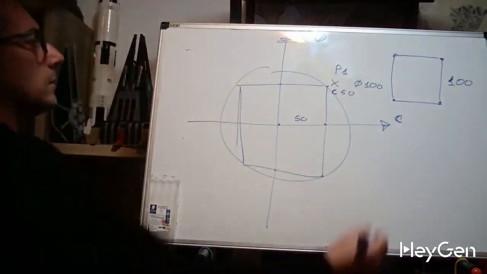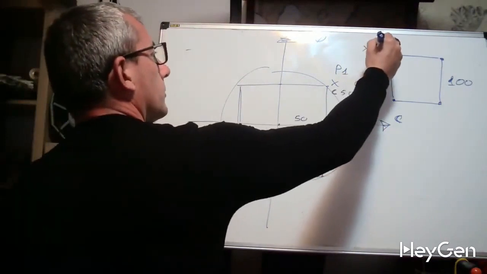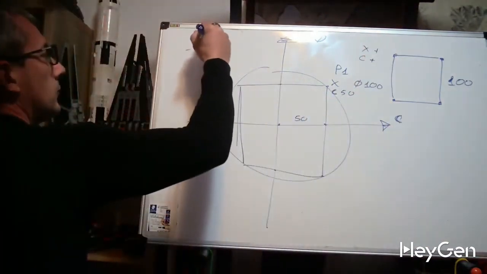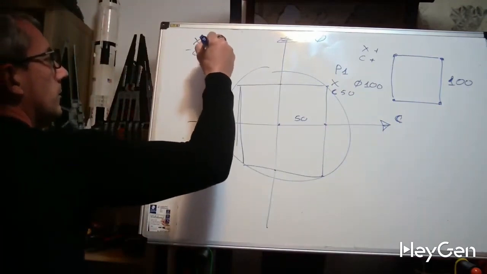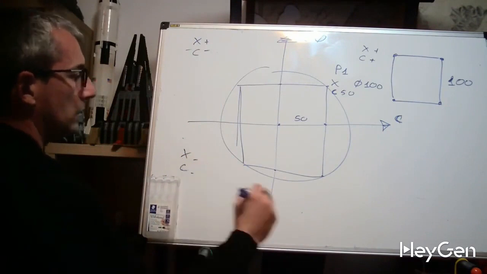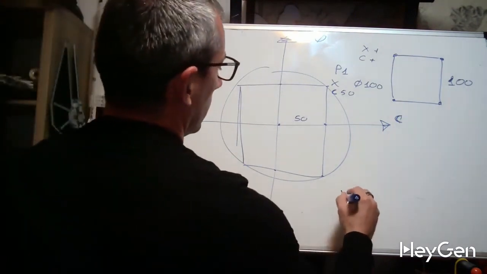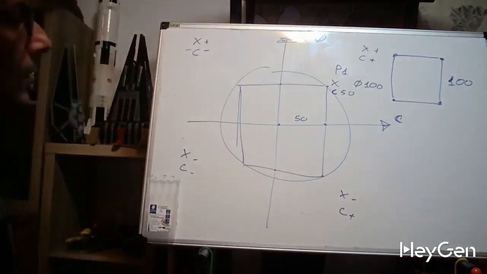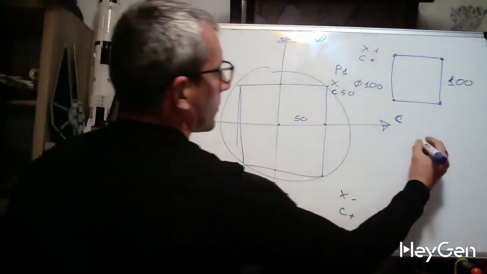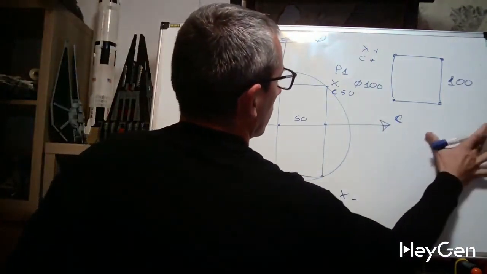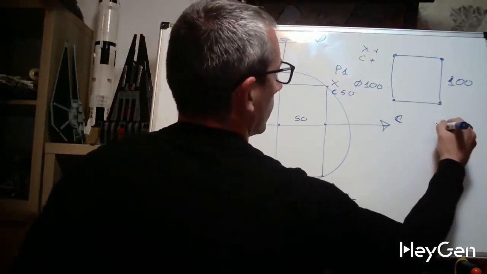Let's remember that we have X plus, C plus in this quadrant, X plus, C minus in this quadrant, X minus, C minus in this other quadrant, and X minus, C plus in this quadrant. So let's write it down here and take note of it. Point 1. Actually, here we write X.